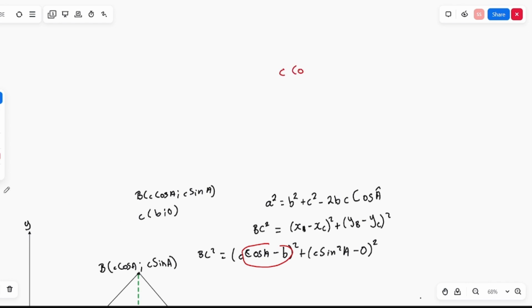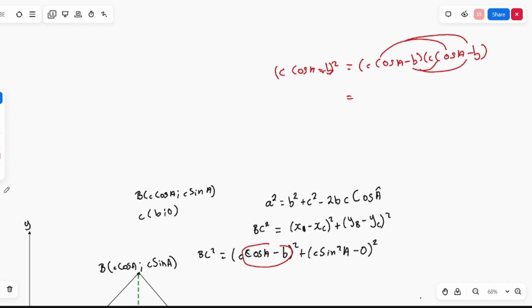c cos A minus b, squared. You're going to just simplify, guys. That's what I'm trying to show you here. So you're going to take this, multiply by that, multiply by that, right?